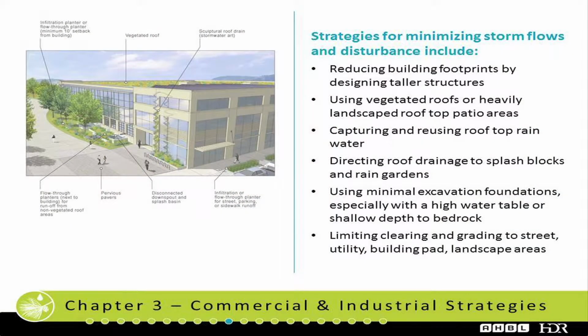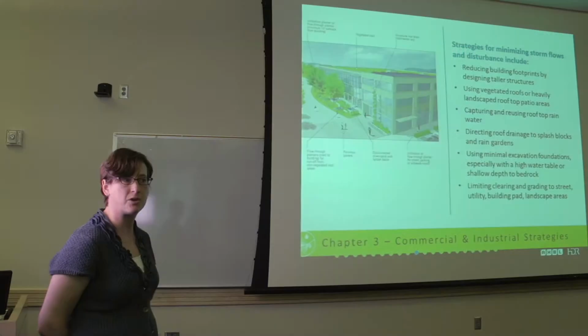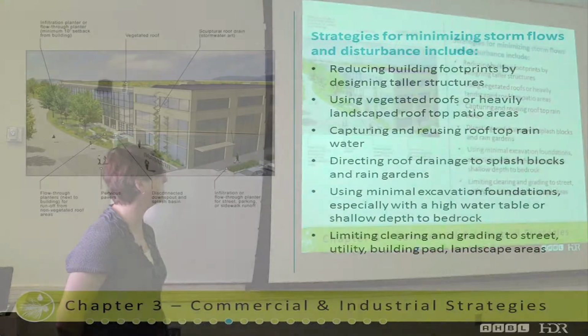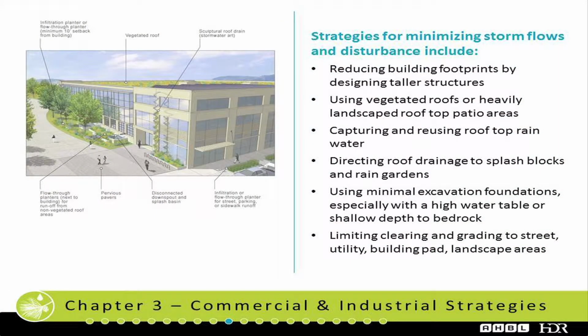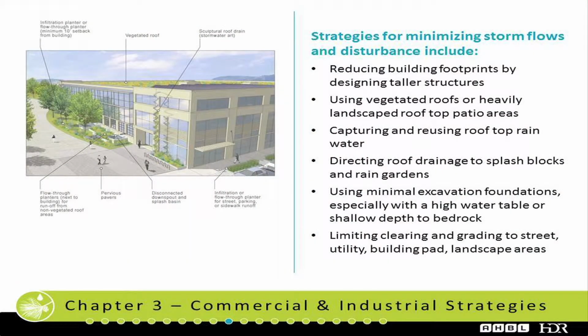And then LID for buildings and strategies for minimizing storm flows and disturbance. Reduce the building footprints by designing taller structures where codes would allow for that, or in some cases incentives may be in place to prefer that. Using vegetated roofs or heavily landscaped rooftop patio areas is another excellent opportunity to reduce impervious area in a basin and reduce the impact of a building site.